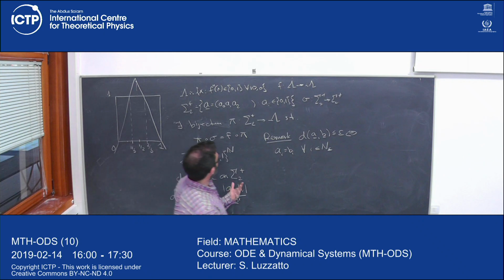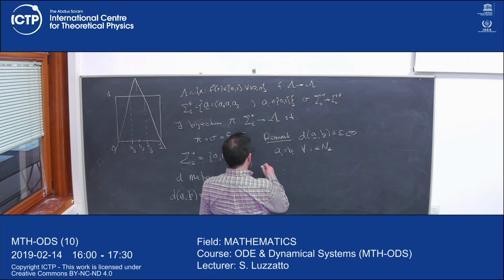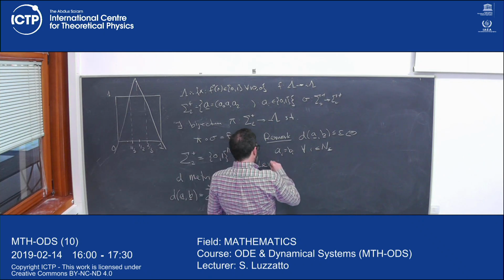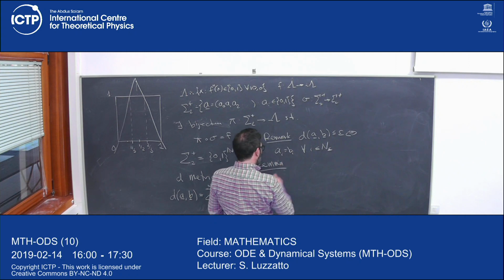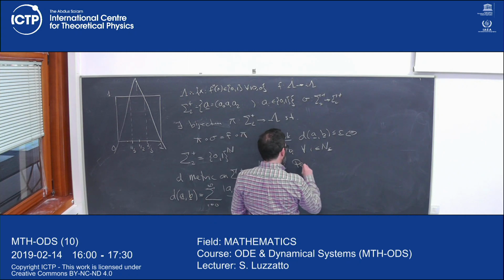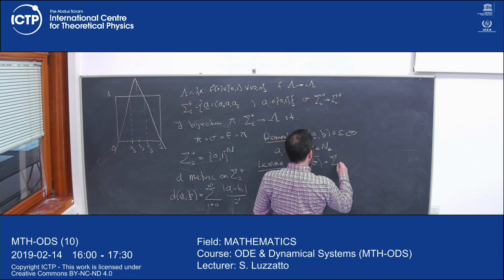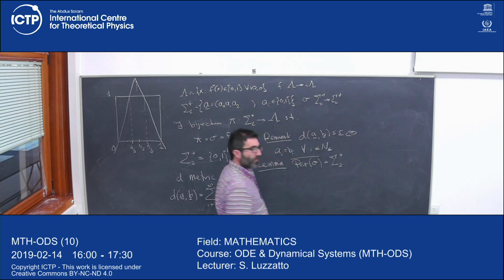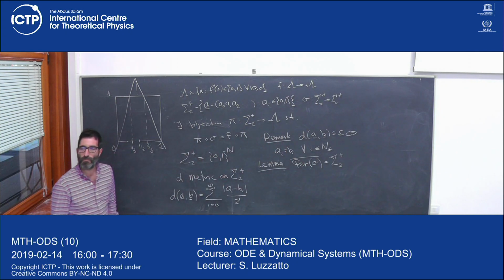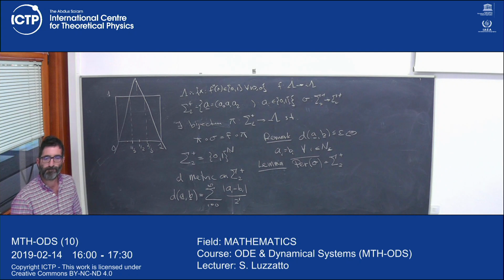And using this topology, we can prove several things. For example, we can prove that the periodic points of sigma are dense. Why is that? We need the topology to talk about denseness.